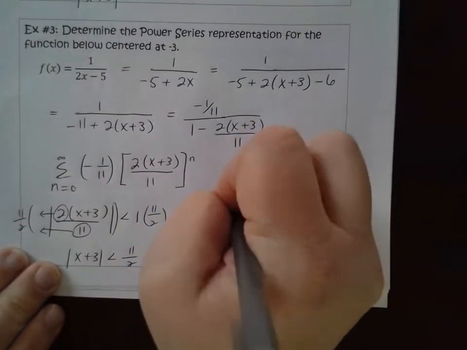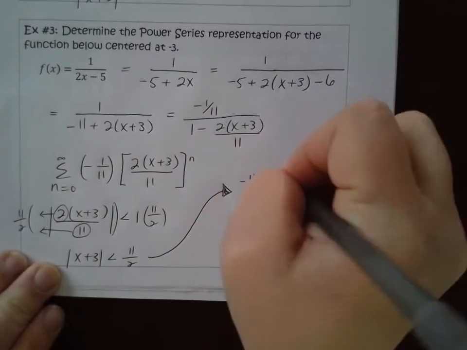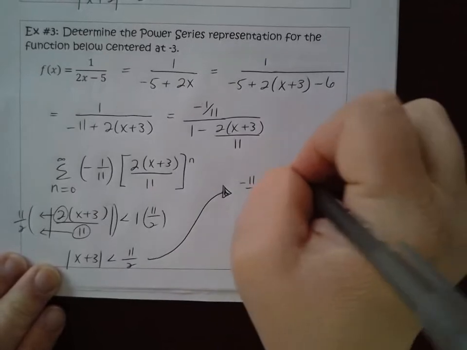That means that I'm squeezing x plus 3 in between negative 11 over 2 and positive 11 over 2. Whoops, I forgot my plus 3.